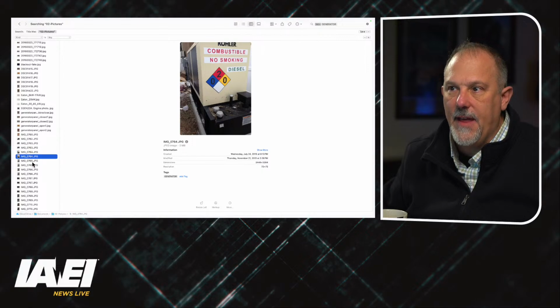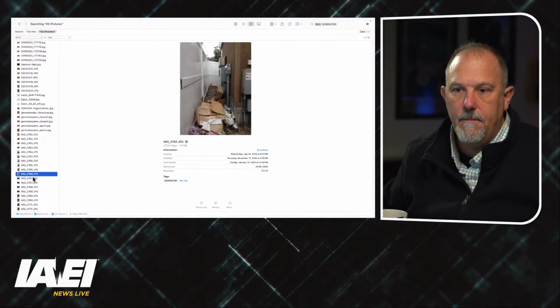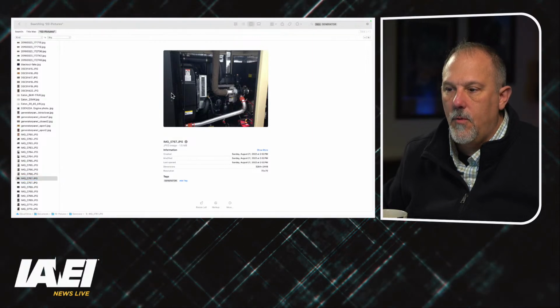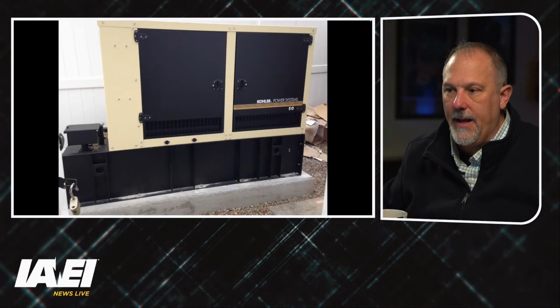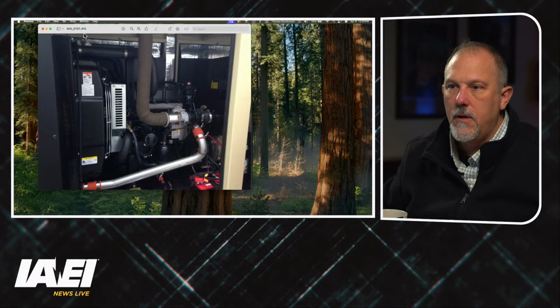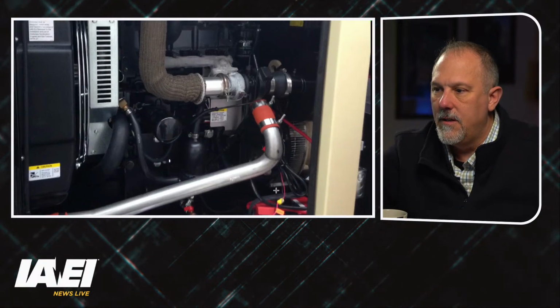We got into that puppy, and what I noticed there was we have a generator source, but we're also down here in the corner there was a battery, right?